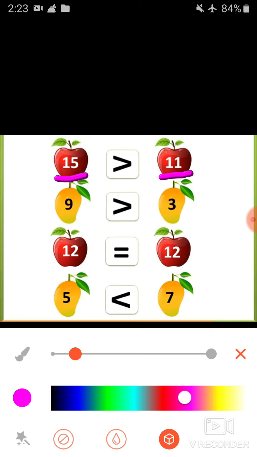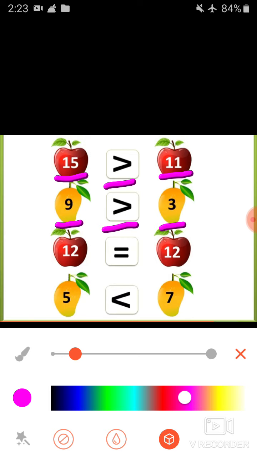So which number is greater? Yes, 15. So here we have to put the symbol of greater than. Next, 9 and 3. When we compare the numbers 9 and 3, we find 9 as the greater number. So here we have to put the symbol of greater than.